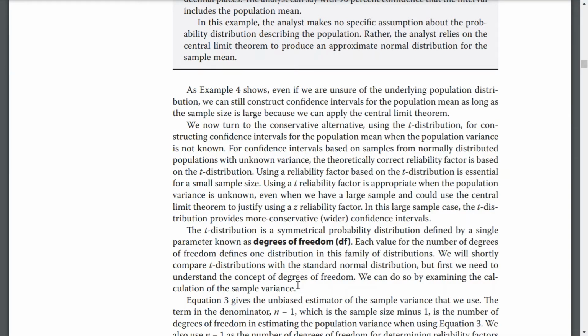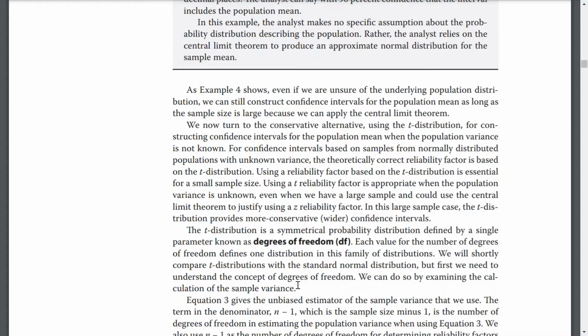Constructing confidence intervals for the population mean when the population variance is unknown. For confidence intervals based on samples from normally distributed populations with unknown variance, the theoretically correct reliability factor is based on the t distribution.